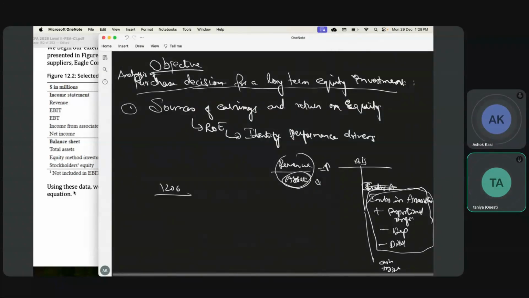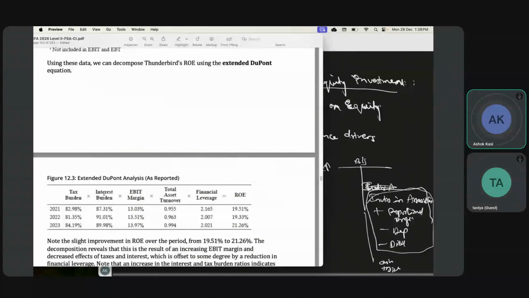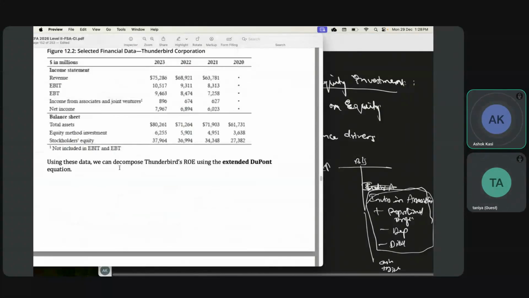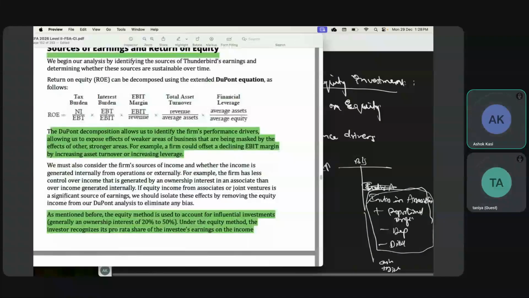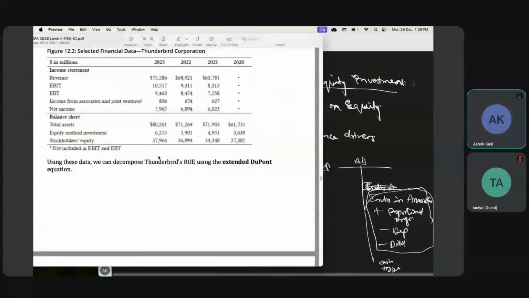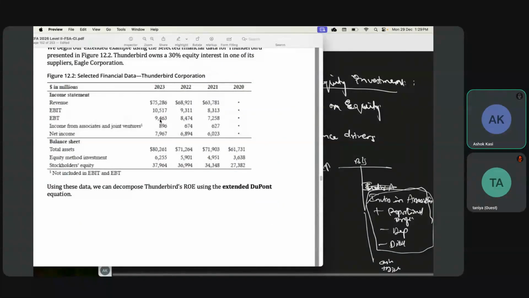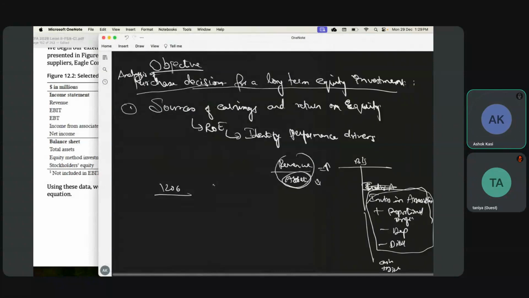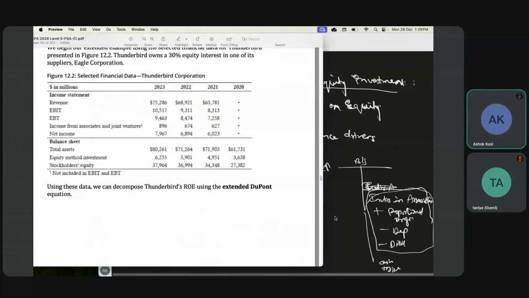The formula for the interest burden ratio is EBT by EBIT. So we can directly calculate: EBT is 9463 divided by EBIT 10517.